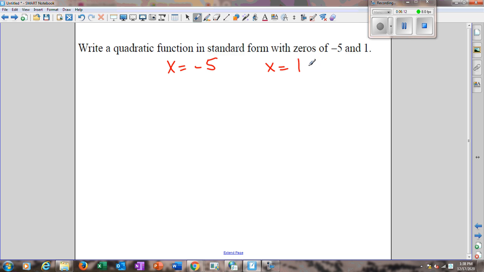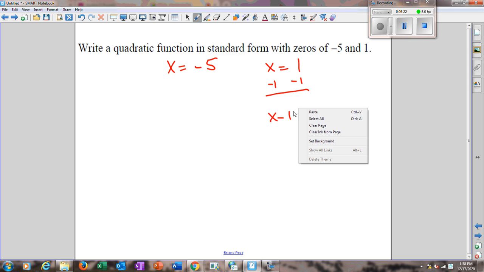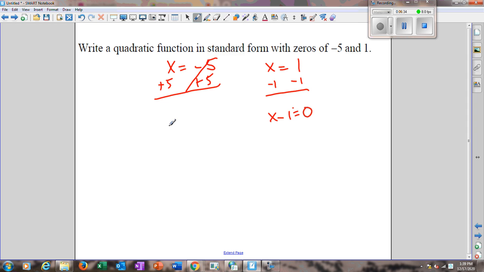And now I need to make this side equal to 0. So I have to get the 1 back to the other side, so subtract it. x minus 1 equals 0. Over here, I need to add the 5 to get it to the other side. It gives me x plus 5 equals 0.